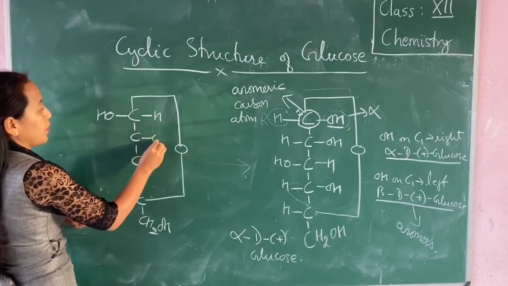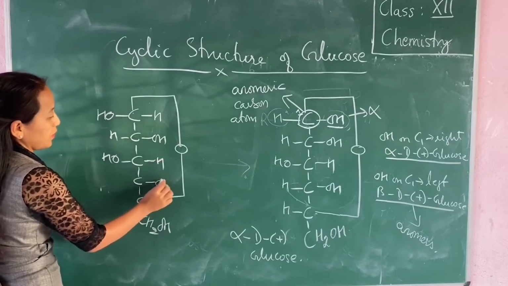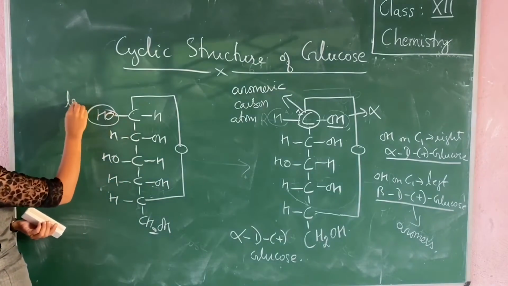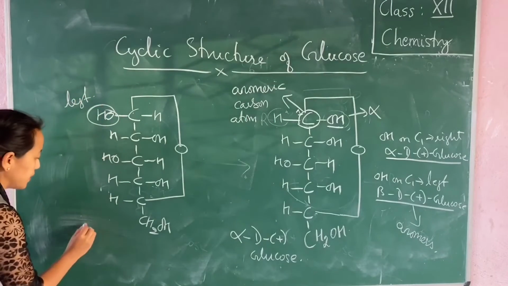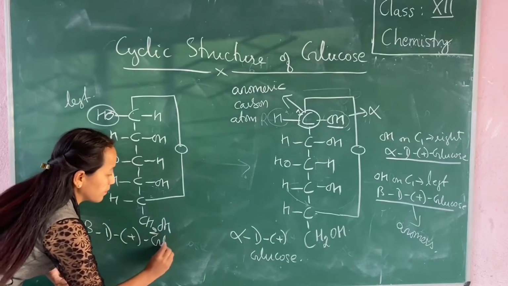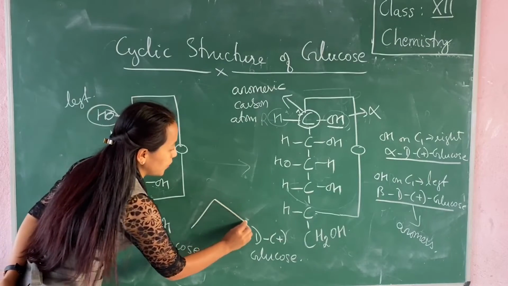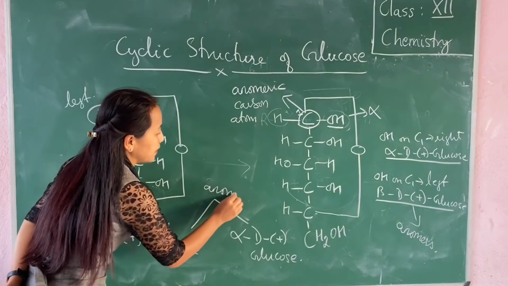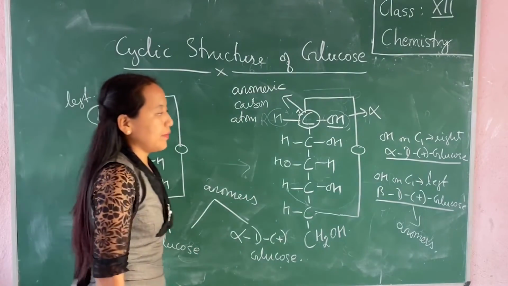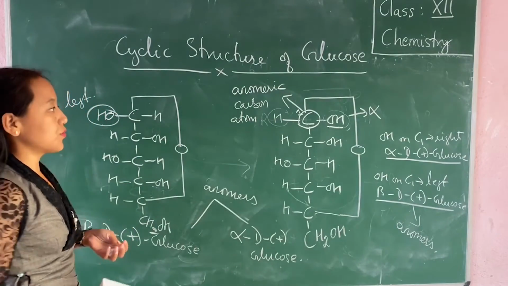And you have your OH, H, OH, H, and then OH, H, and H. Now since OH is on the left hand side, this is called beta D plus glucose. Okay, now these are the two anomers of the cyclic structure of glucose, that is beta D plus glucose and alpha D plus glucose. Now let's move to the Haworth structure.